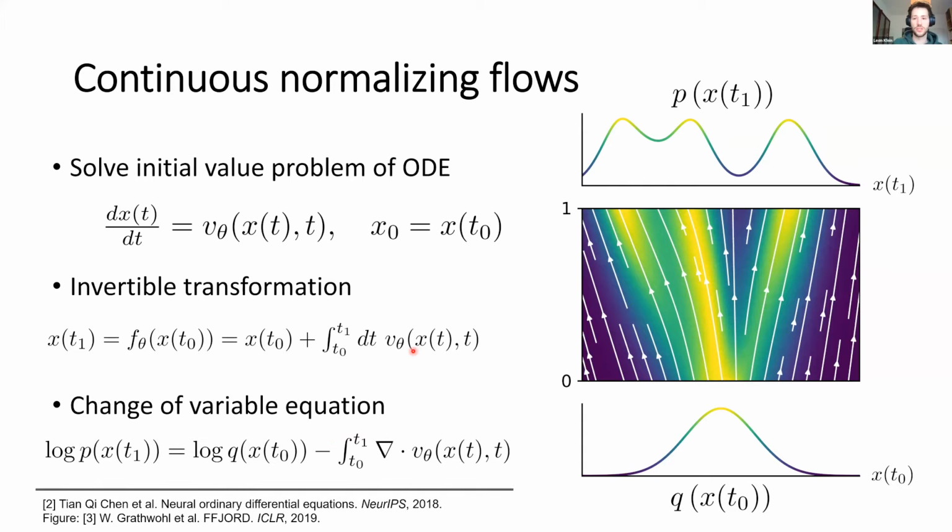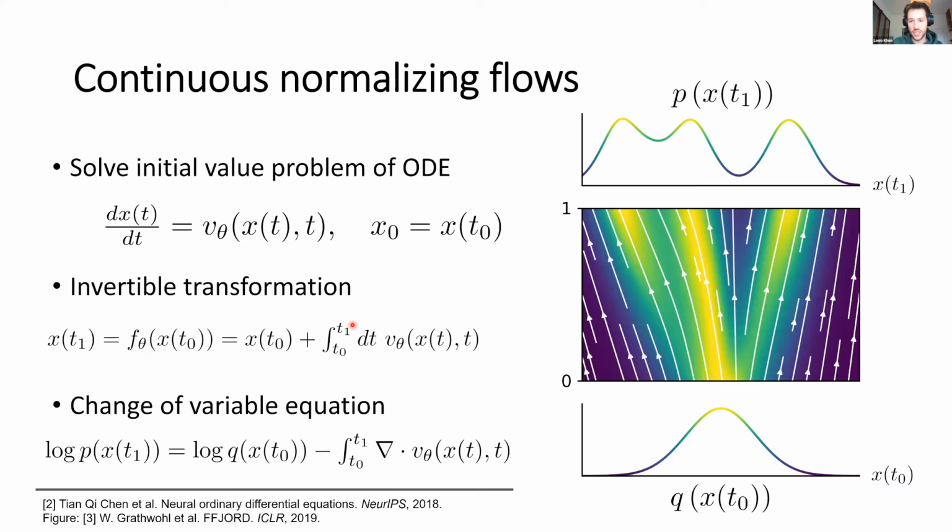Okay, yeah, that's a good question. So the neural network only describes our vector field V here. I haven't mentioned how this is actually invertible. I only showed the forward integration. However, for the other direction, we can simply switch the integration direction and start from a sample at T1.